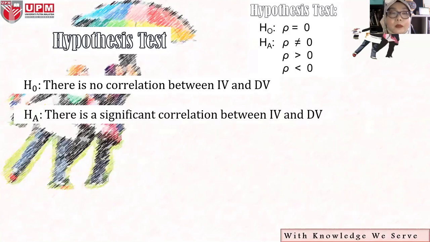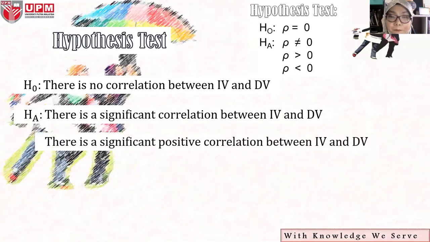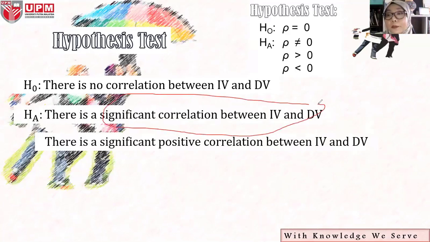This one is a non-directional hypothesis, because I do not mention the direction of the relationship. But the second one, there is a significant positive correlation between IV and DV, is a directional hypothesis.